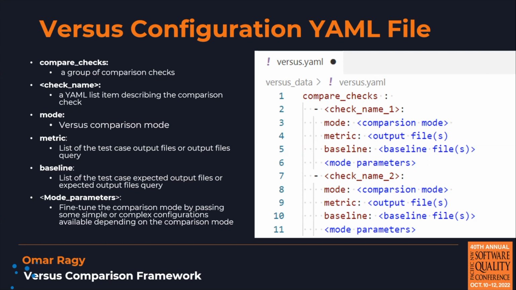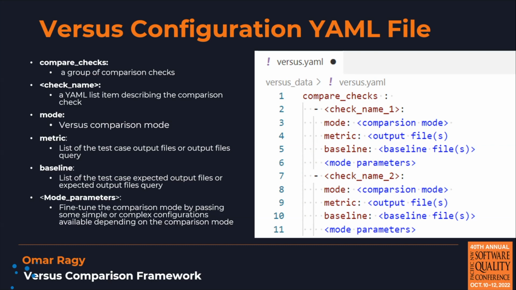And the baseline is the files that you want to compare against, which is basically an output of an older or a good version of your software. You keep it in the baseline. So this is where you specify either your files or a query that would resolve to your own files.